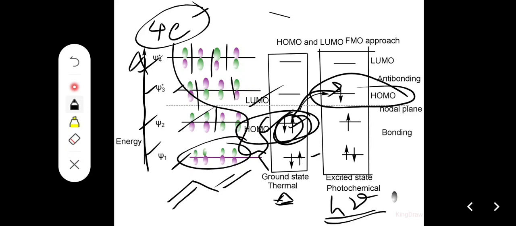Similarly, HOMO means there should be at least 1 electron. If HOMO has 2 electrons, this is good, but if it has 1 electron, this is also enough. So the HOMO does not depend on how many electrons are present; it depends on at least 1 electron being present. Otherwise, the orbital would be considered unoccupied, and then it would be considered LUMO, not HOMO. Okay, this is the factor.